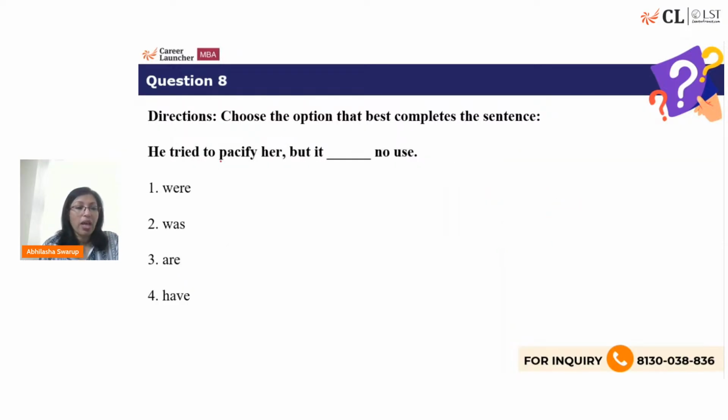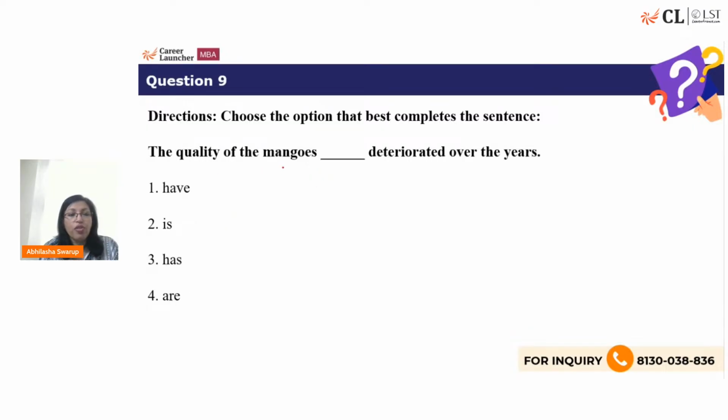All right, he tried to pacify her, but it was of no use. Yes, with it you will always use a singular verb, na? The quality of the mangoes. Again, I'm not talking of the mangoes, I'm talking of the quality. That's the subject. Therefore, has deteriorated over the years. The quality has deteriorated over the years.